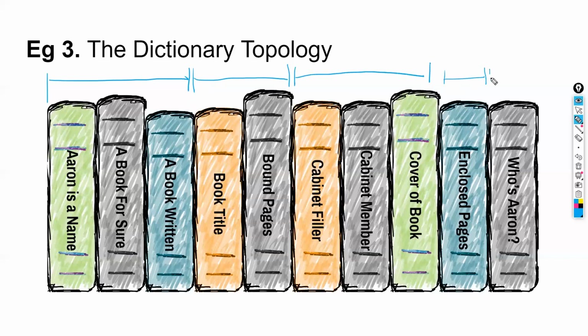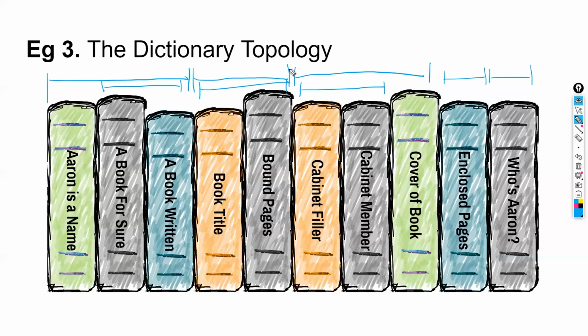There's one for E and then one for W. There's also a smaller section of the bookcase where the books start with A, B. So that's these ones right here. There's another section that starts with BO, and that's these two right here. It's the same as B. Here we have CA, and then CO, it's not included, and then E and W.